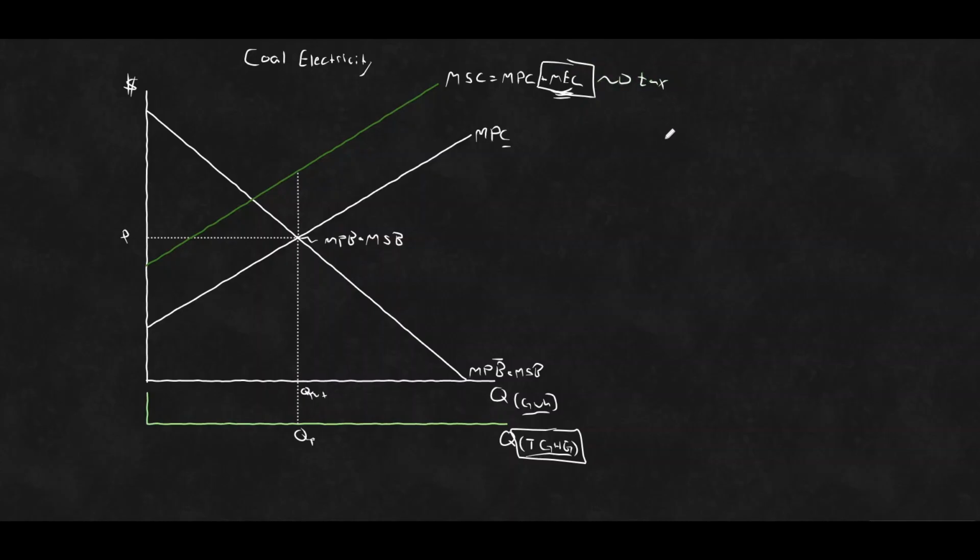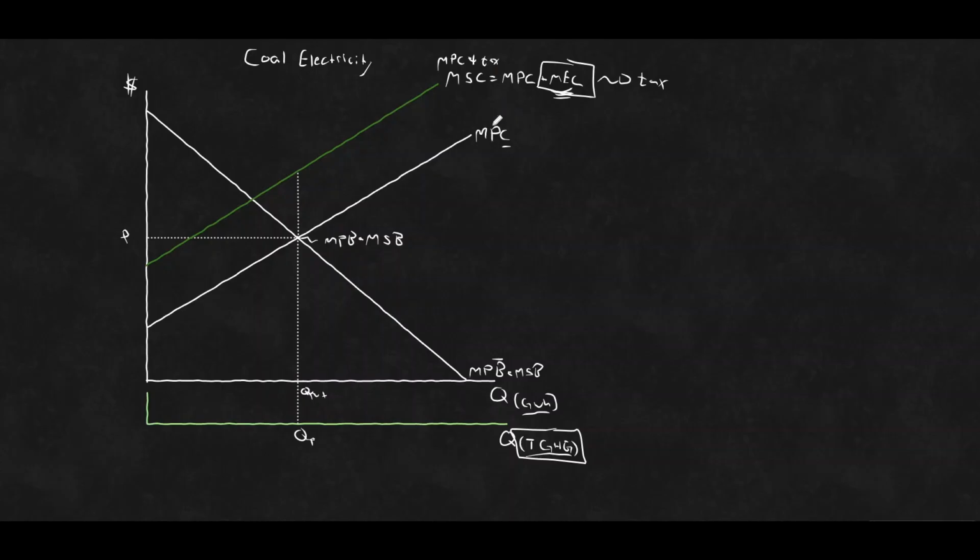So if we set a tax per unit, that is a tax per gigawatt hour, equal to the cost per gigawatt hour, what we would get is, right over top of this marginal social cost curve, marginal private cost plus the tax.